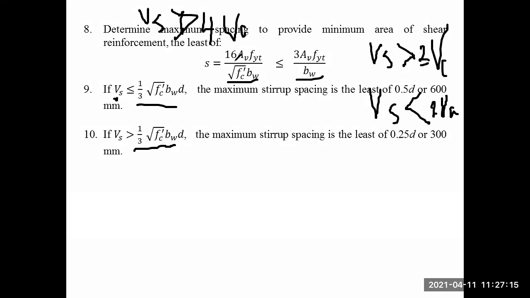In case it is less than Vc, then the maximum spacing would be d/2 or 600 millimeter, okay?